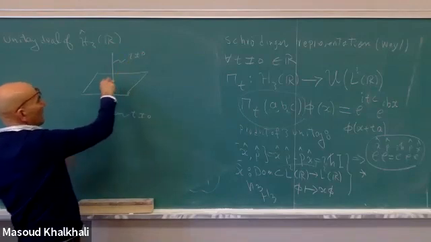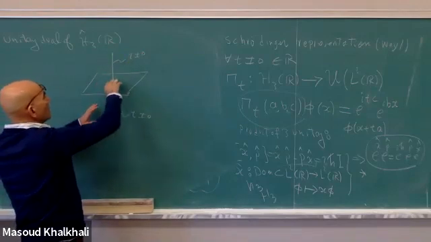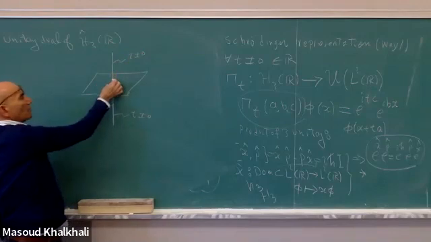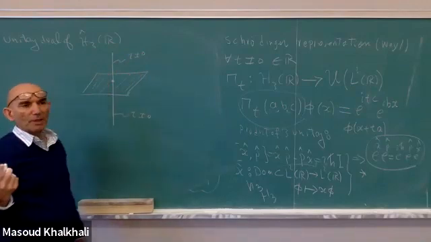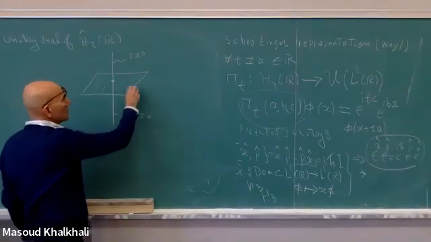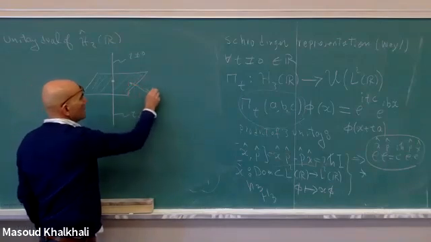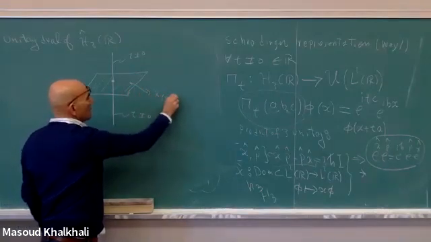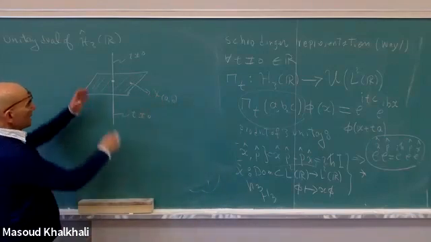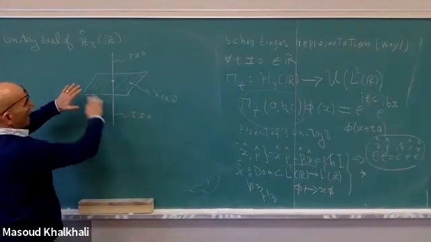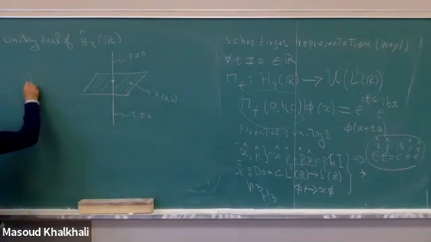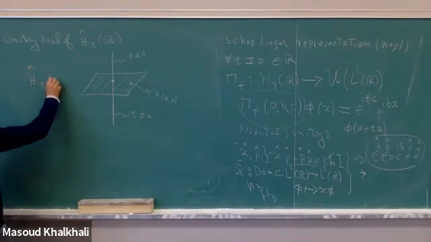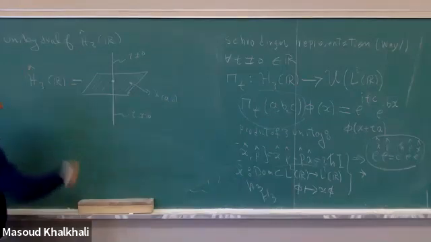So 0 is not part of the line, because all the way up to here you get infinite dimensional representations, but then points on the plane are one-dimensional representations, right? So these are characters. So the line and this plane is the whole unitary dual.